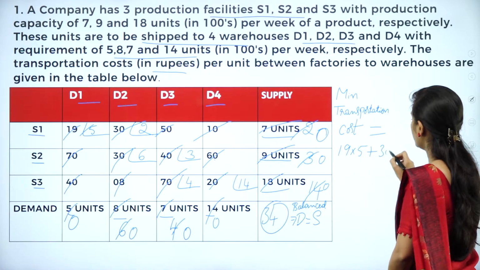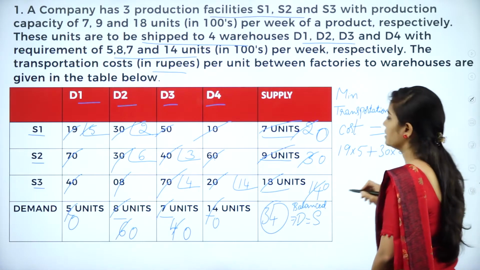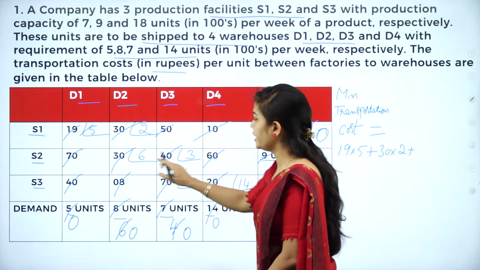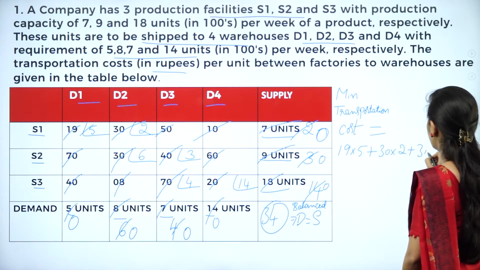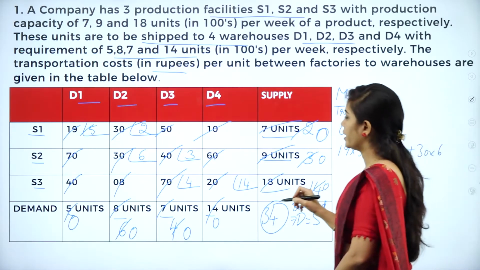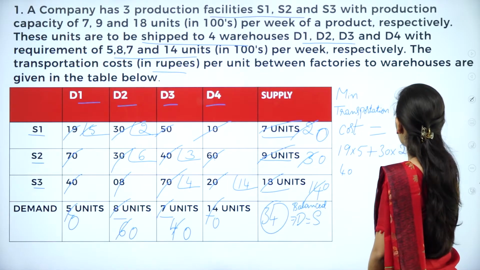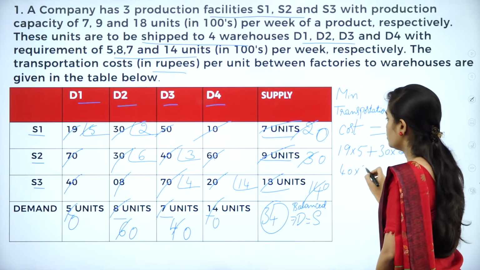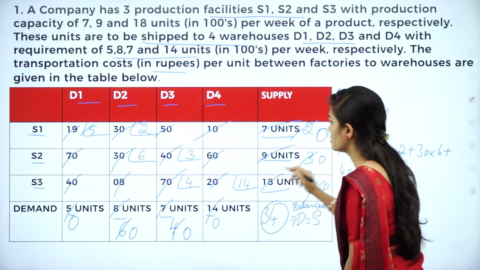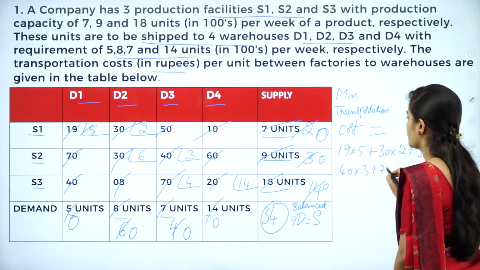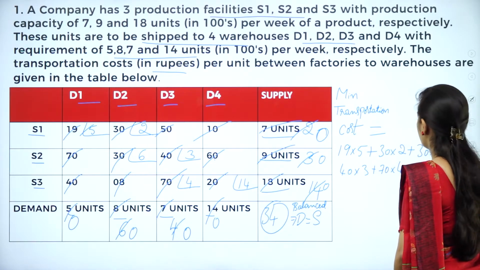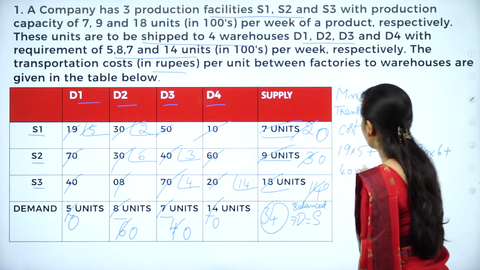And the next allocated cell is 30 into 6. And the next allocated cell is 40 into 3. Next is 70 into 4 plus 20 into 14.